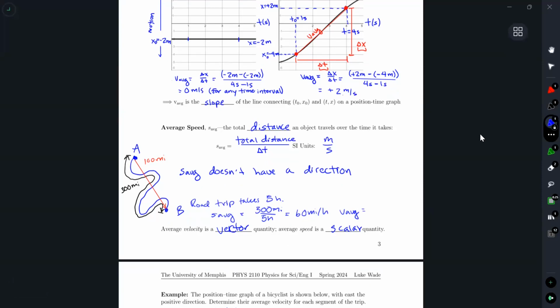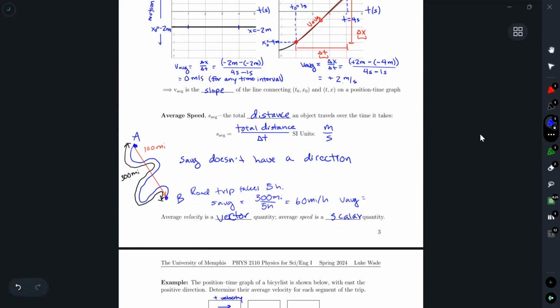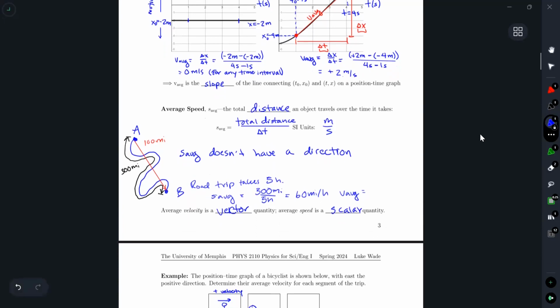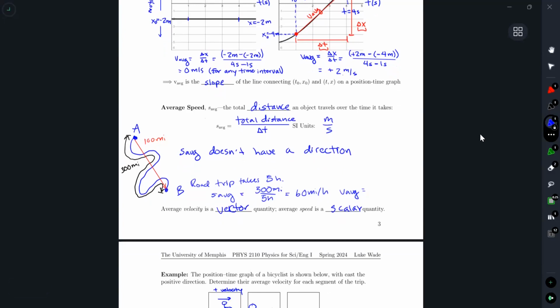Yeah, so it is total displacement. I wouldn't necessarily say displacement is the average distance, but it is how far you went if you took a direct path. It's the shortest distance. That's the magnitude of your displacement, at least. So, 100 miles over 5 hours, that's 20 miles per hour. And we do technically need a direction to fully specify, so that's where I'm saying the southeast bit.